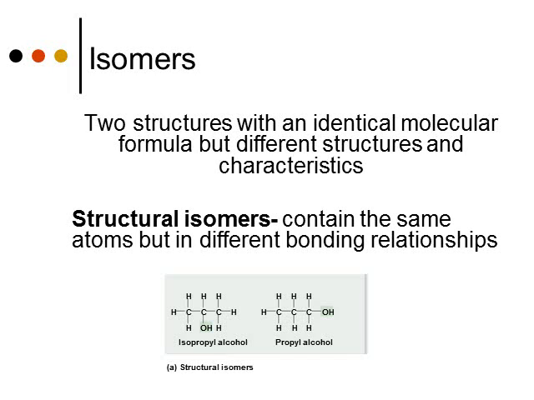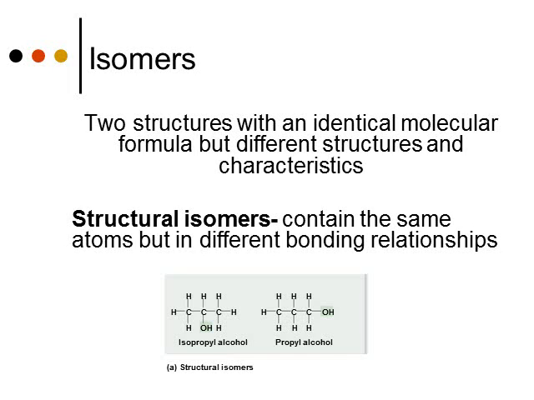So an example of an isomer is shown at the bottom down here, and this is called a structural isomer. Structural isomers contain the same atoms, so same type of atoms, same number of atoms, but those bonding relationships are different. If you look at the example, we have two molecules. Each of these two molecules has 3 carbons, 1 oxygen, and 8 hydrogens on them.